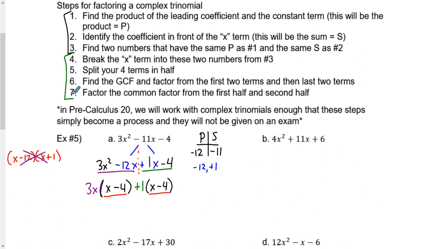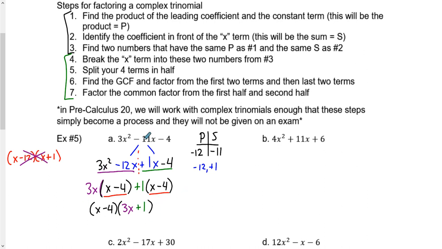So for you to do step 7, you need to factor that common factor from this first half and the second half. So I can factor my x subtract 4 out of this term. What am I going to be left with? I'm going to be left with this 3x. If I factor x subtract 4 from this entire term, I'm left with a positive 1.